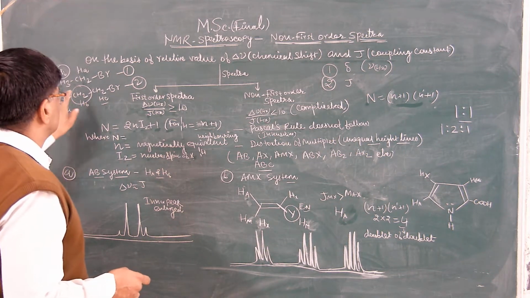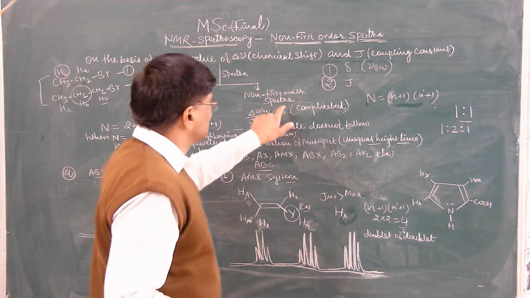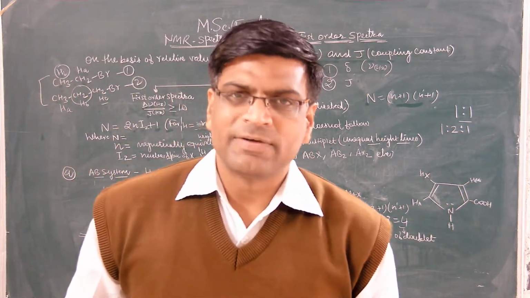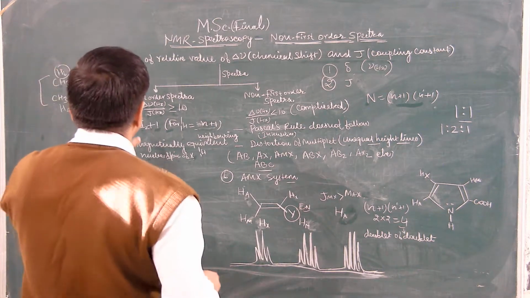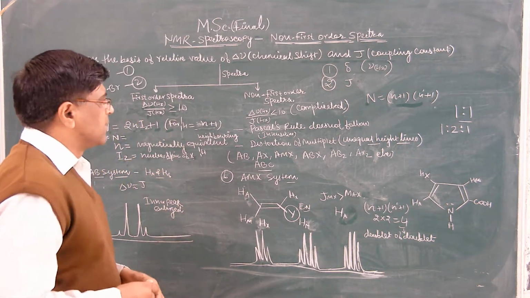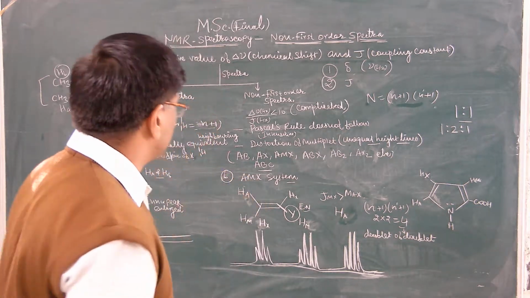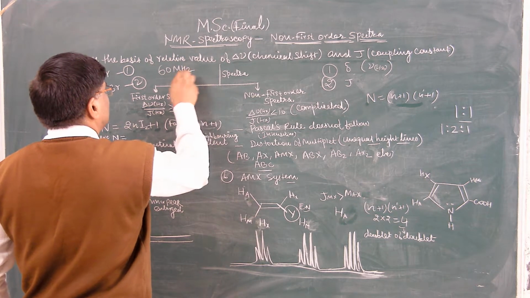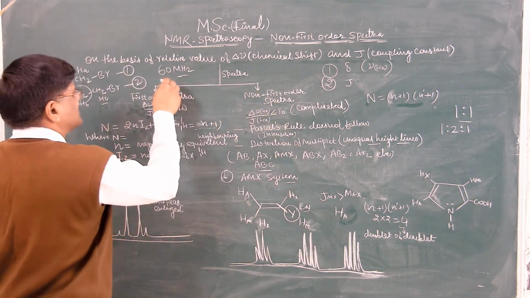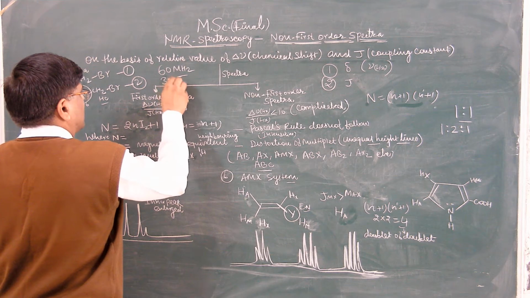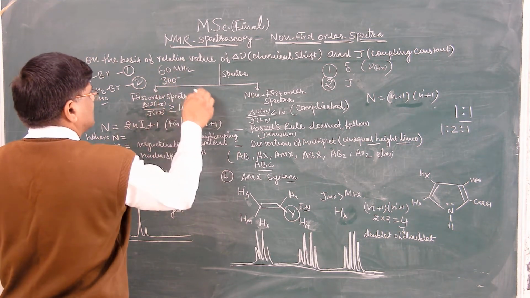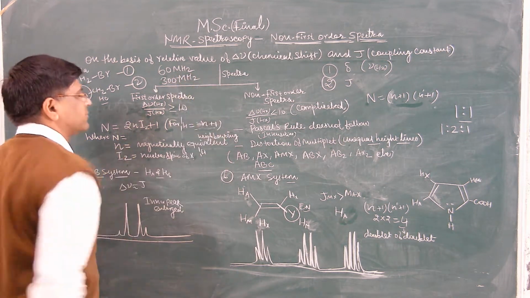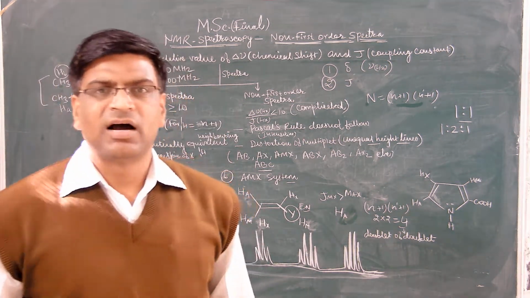This compound gives non-first order spectra at low operating frequency, and when we increase the operating frequency, we can get first order spectra of the same compound. For example, at an operating frequency of 60 megahertz we get non-first order spectra, and on the other hand, we get first order spectra when we increase the operating frequency up to 300 megahertz.